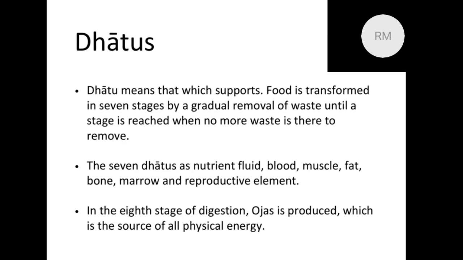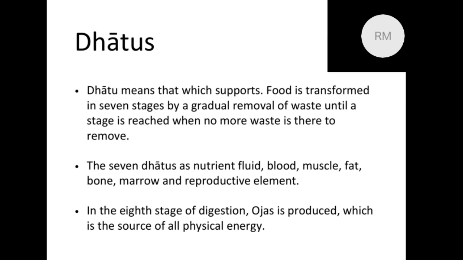And that rasa is then transformed into what we call rakta or blood. And then in the next stage of digestion, the muscle is formed. This is the flesh of the whole human body, and this is called mamsa.